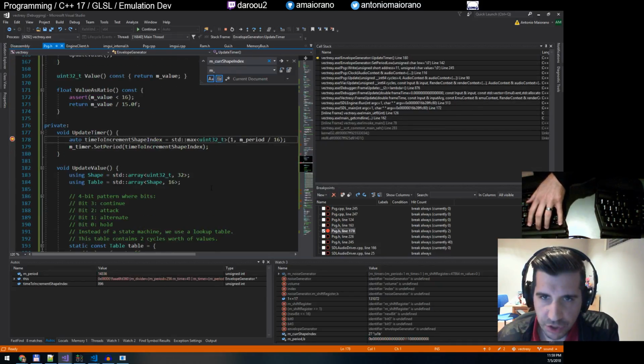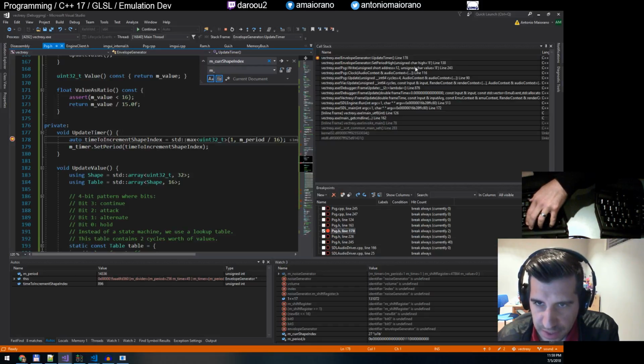And then F5 should give us a period high that's being set to a value of 8. So now our period is 14336. This seems to be the time that it really wants.